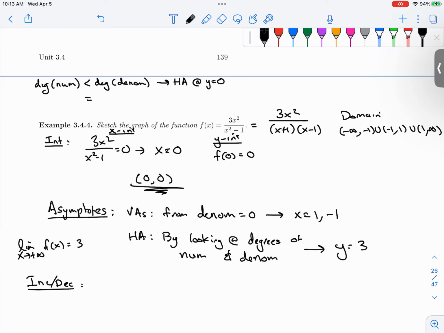If they're equal, the horizontal asymptote is at y equals the ratio of leading coefficients. And then if the degree of the numerator is larger, like x squared over x, or x to the 15th over x to the 3rd, then there's no horizontal asymptote. That's the rule in an abridged version.